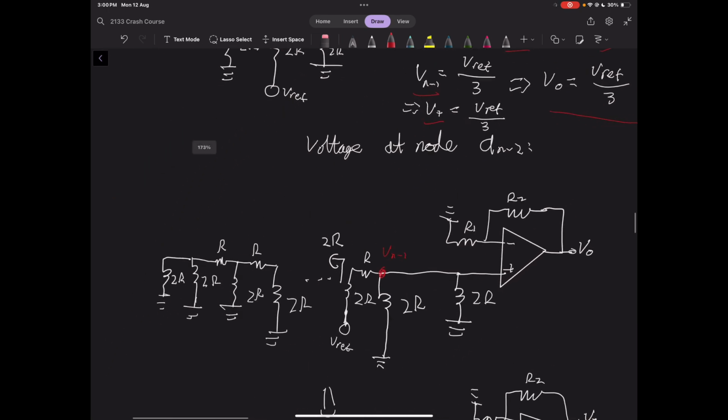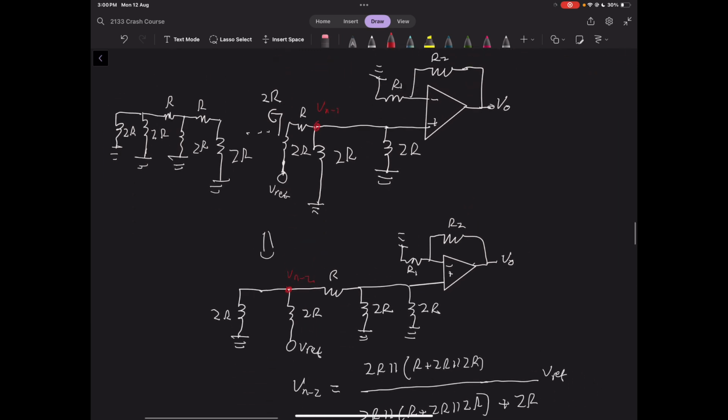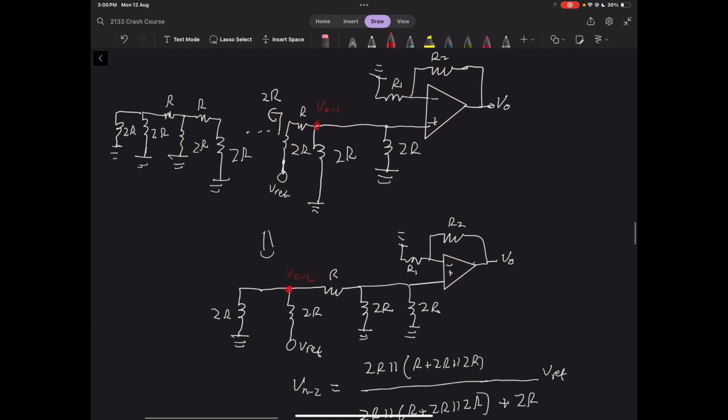So then we consider the voltage at node A n-2. Again, we use the equivalent resistance trick to take all the voltage on the left side here from this point here and say that that is 2R because it's to the right of the R resistor. Oh, sorry, not from that node there. It should be from this node here. And then everything to the right of that is 2R.